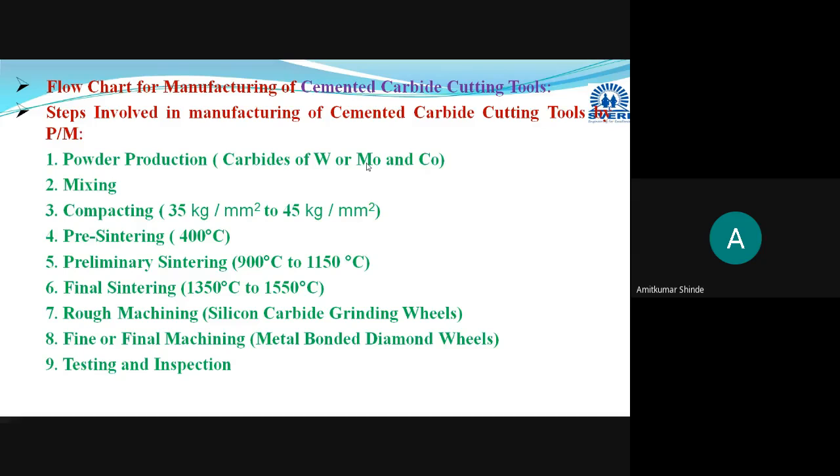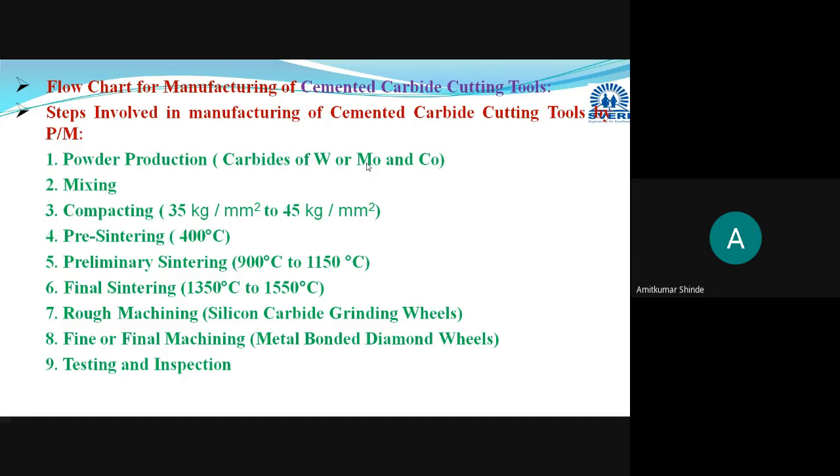Due to this diffusion, densification will occur in that component. And due to that diffusion of cobalt on the carbides of tungsten or molybdenum, recrystallization or formation of new grains will take place.